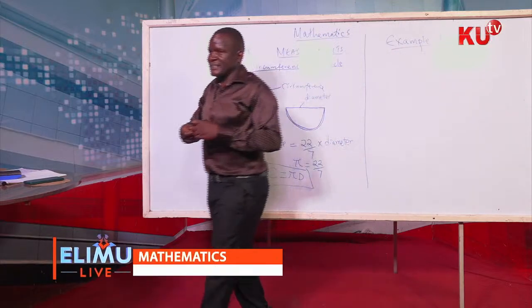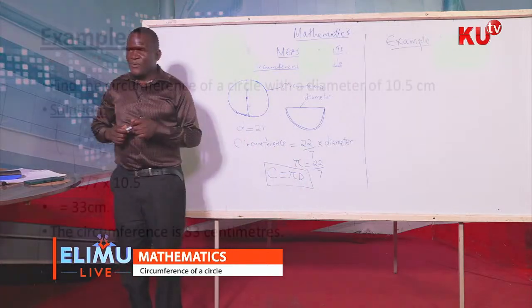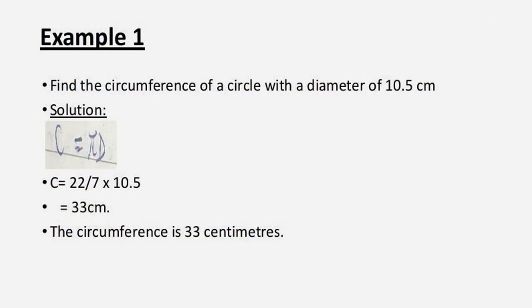Example 1. Find the circumference of a circle with the diameter of 10.5 centimeters.